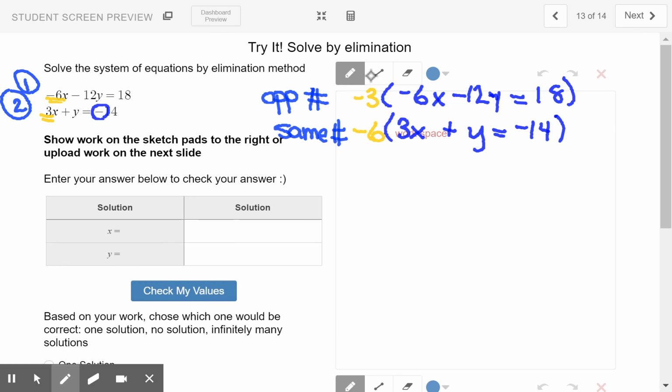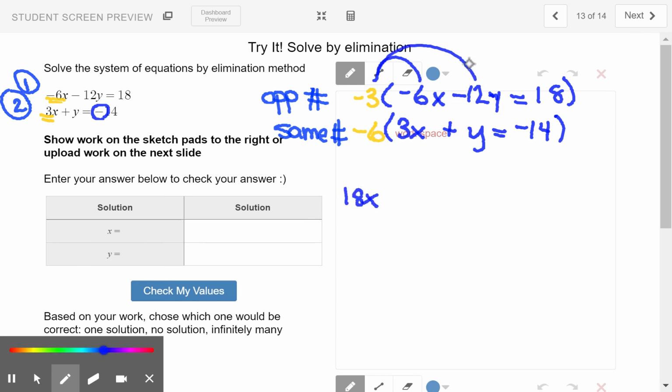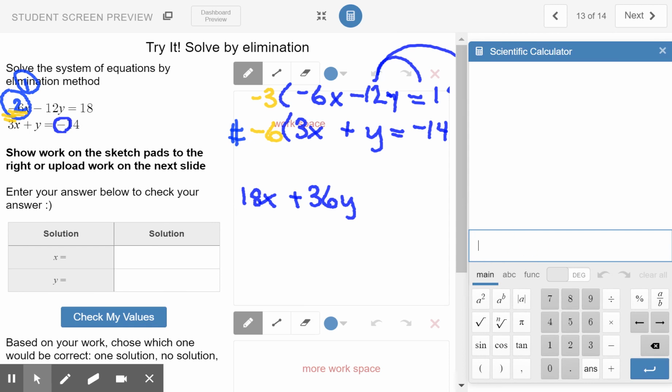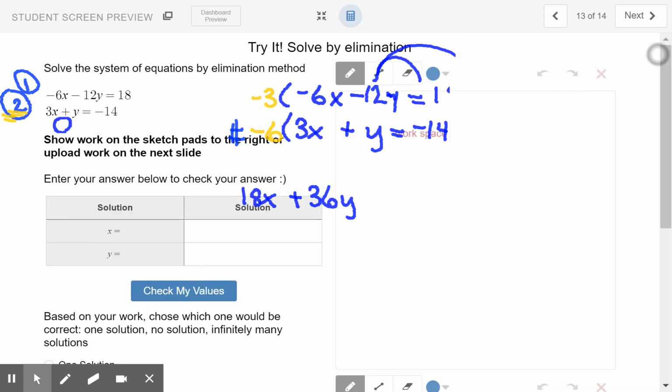All right, and let's distribute. Negative 3 times negative 6x is 18x. Negative 3 times negative 12y is a positive 36y. And especially use the calculator for these bigger numbers, numbers that you're not used to multiplying. So negative 54 would be on the right-hand side.